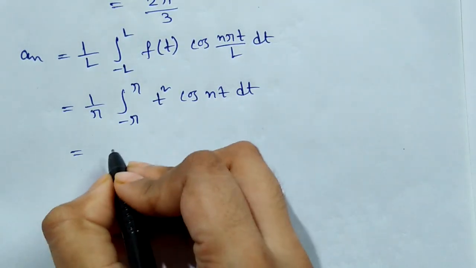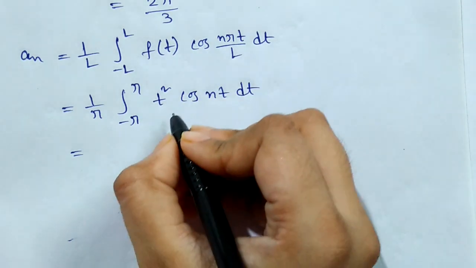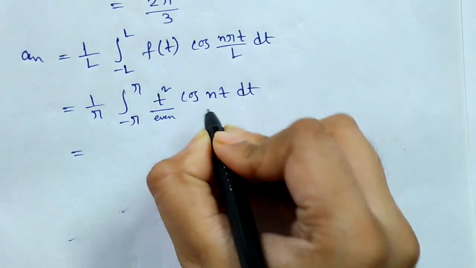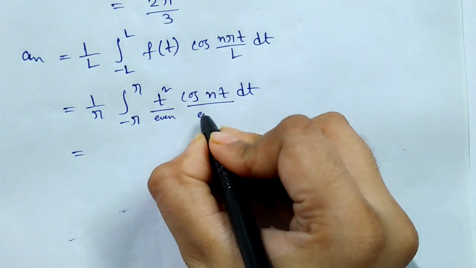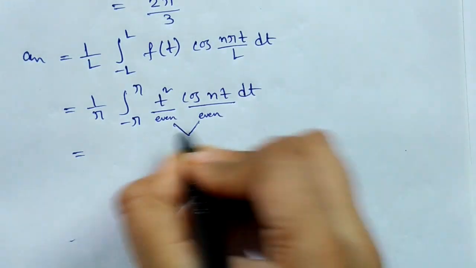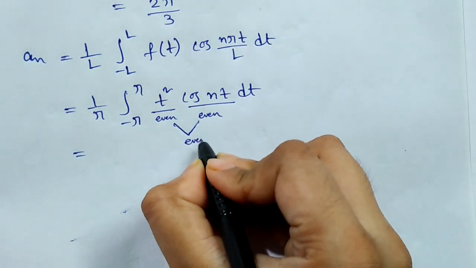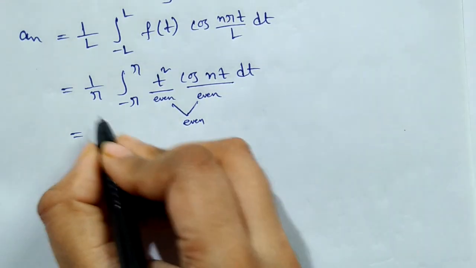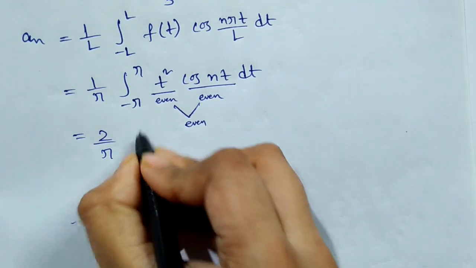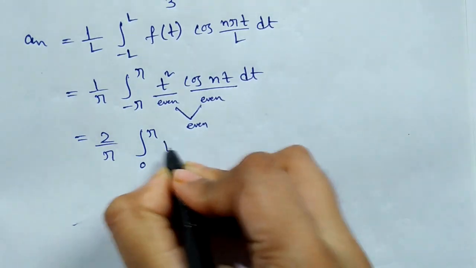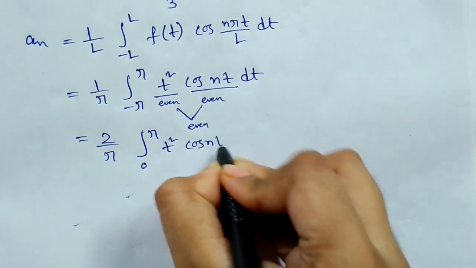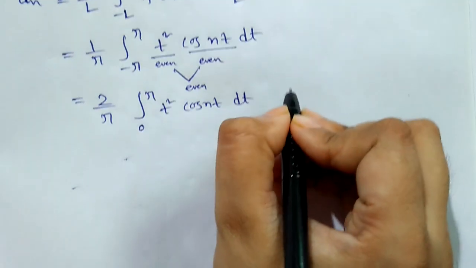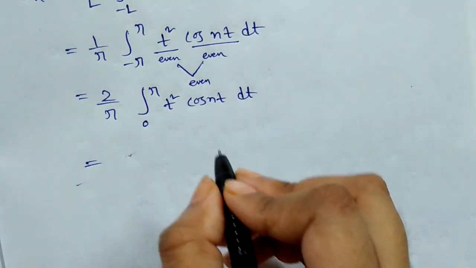Now see, this is an even function. Again cos function is also an even function. So the product of two even functions is again even. So the integrand is even. Therefore we know that this equals 2 by pi integration 0 to pi t square cos nt dt.